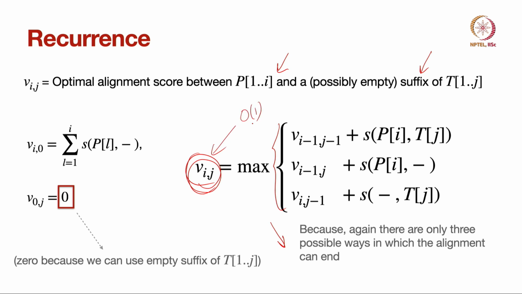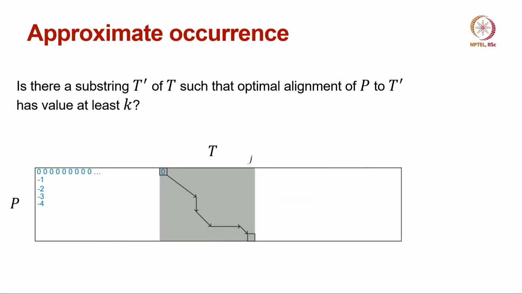So, now once we have computed the dynamic programming table, how do we solve our original problem? Let us say we have filled the entire dynamic programming table, and we have numerical values across the table.